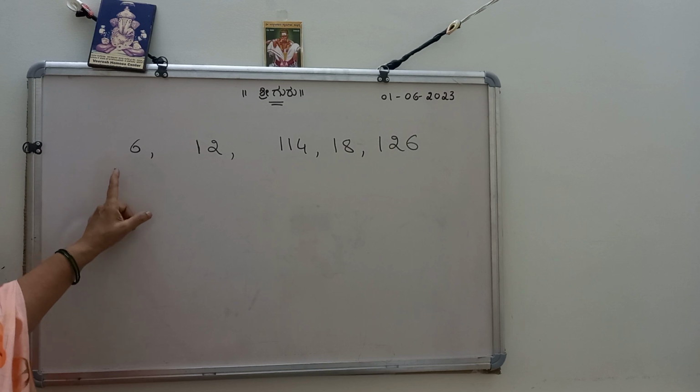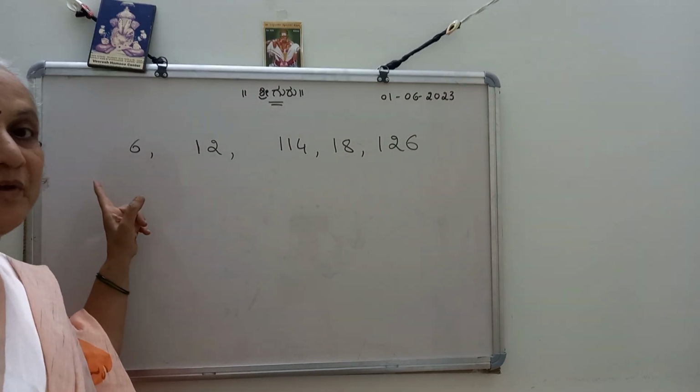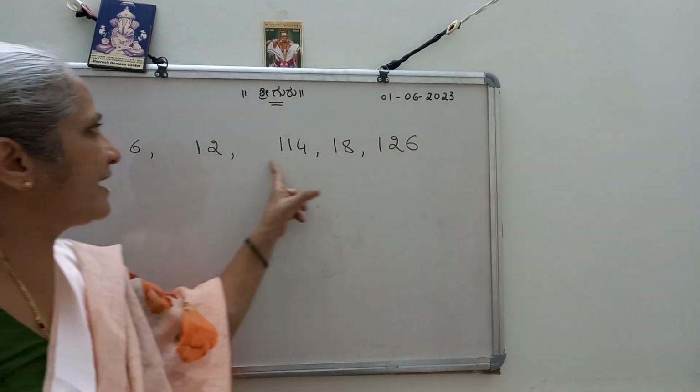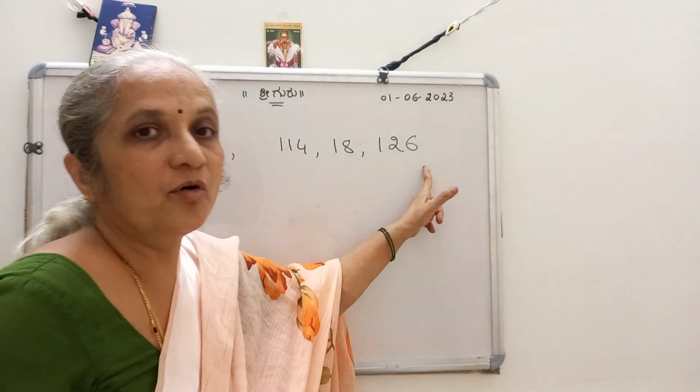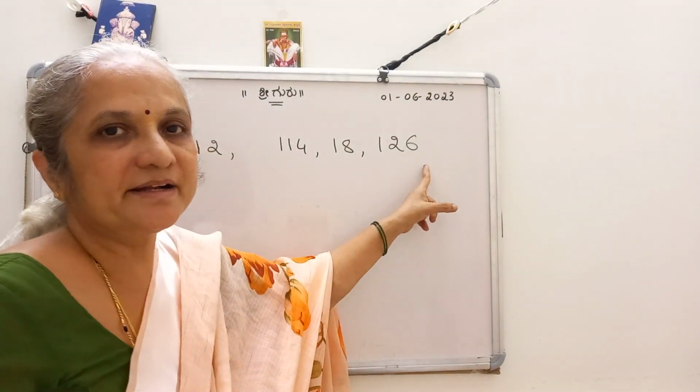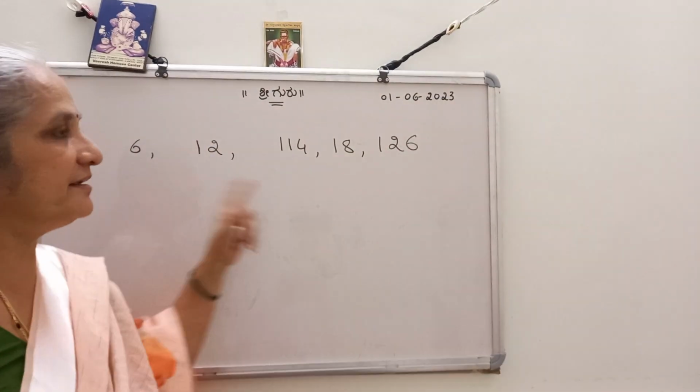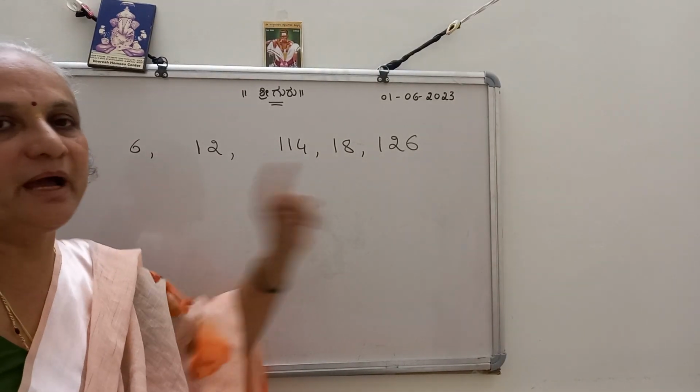First thing, when we observe these numbers, we see that these numbers are having 2, 4, 6 or 8 in its ones place and they are even numbers. Therefore, they are divisible by 2.